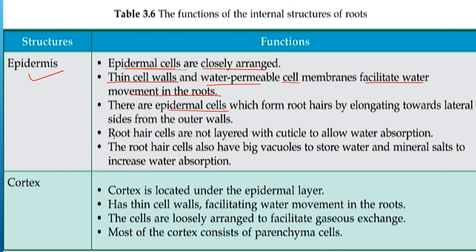Kemudian root hair cells are not layered with cuticle, tidak ada cuticle lah, to allow water absorption. Sebab dia punya fungsi adalah to absorb water. The root hair cells have big vacuoles to store water and mineral salt to increase the water absorption.